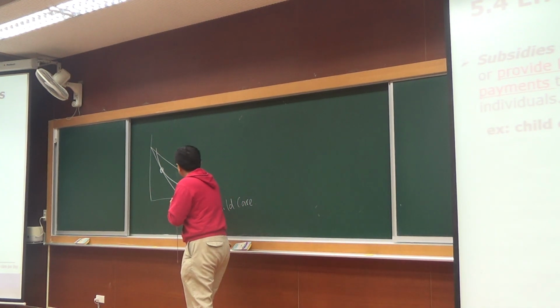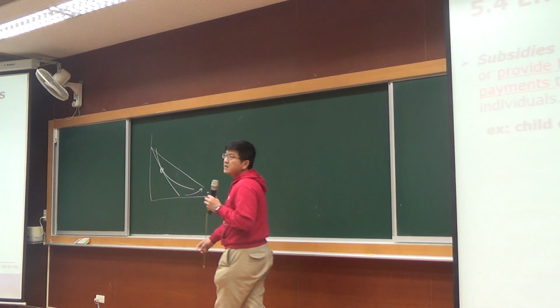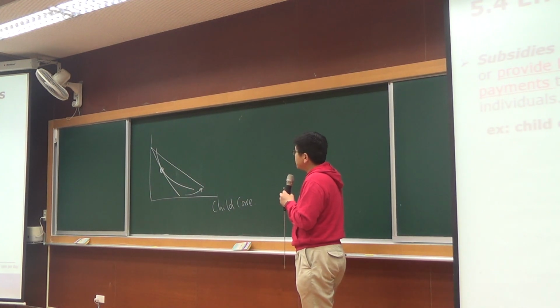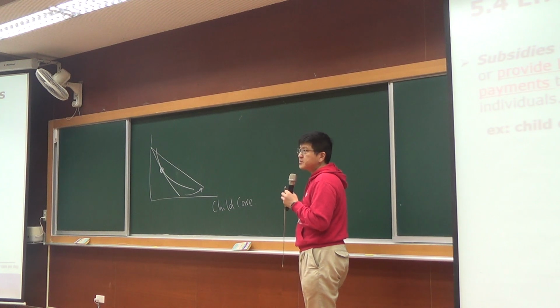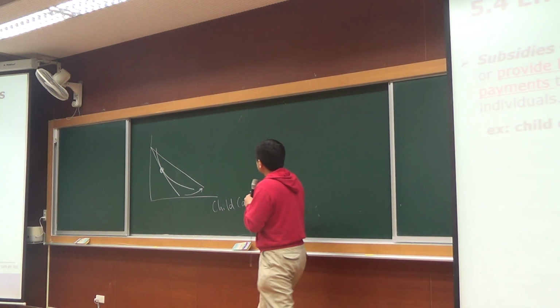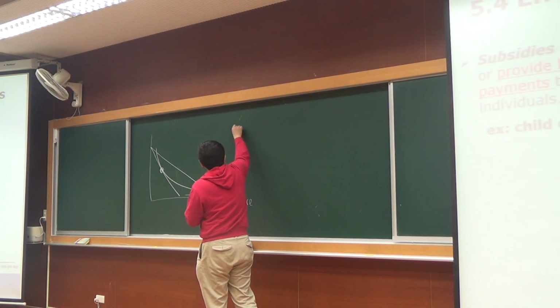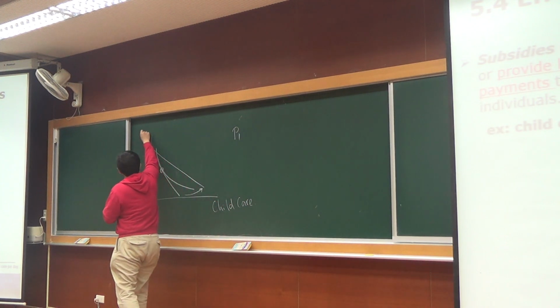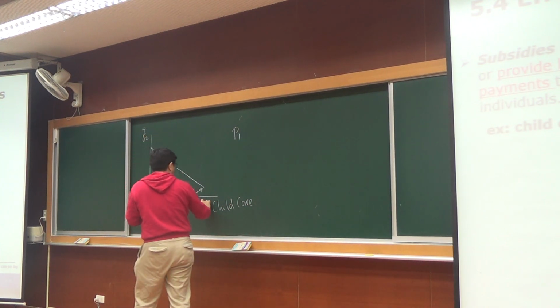So you see there is a rotation on the budget line. So the budget line becomes flatter, which means P1. This is Q2, Q1.